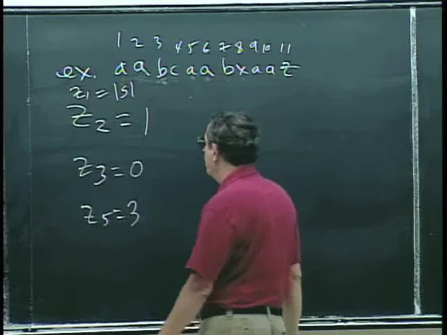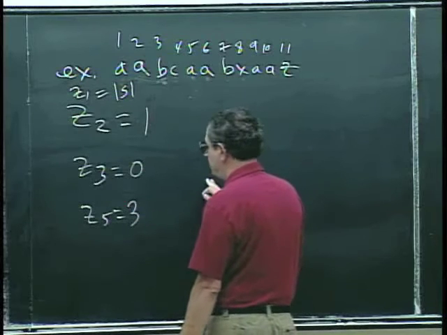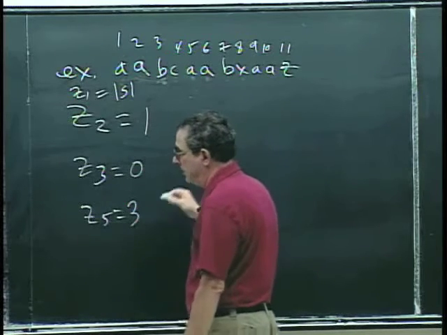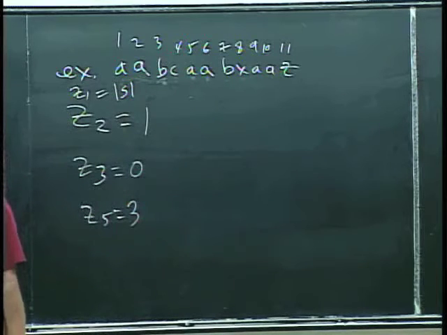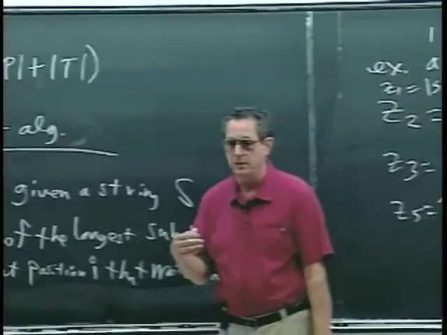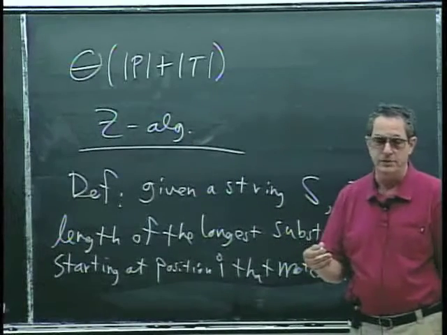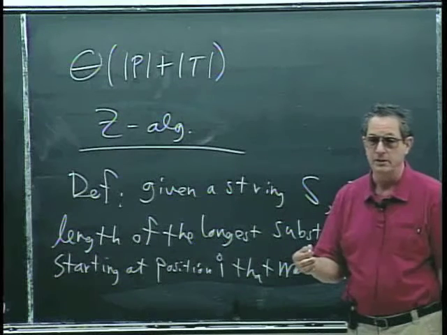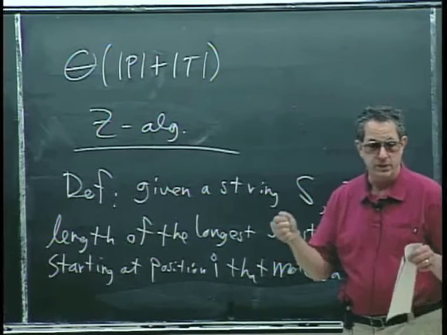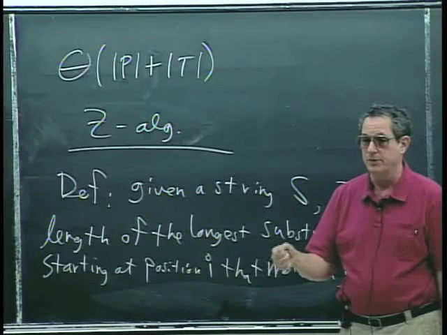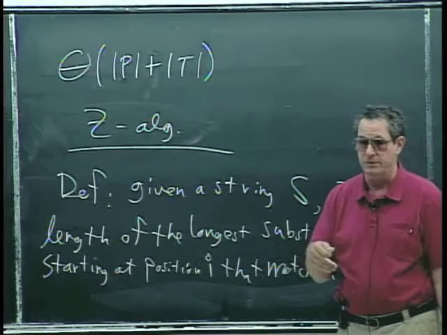Now let's try to relate this. Ultimately, I'm going to show you an algorithm for computing the z-value for every position. And that algorithm is going to run in time proportional to the length of the string S. So it's going to be linear time. In linear time in the length of S, we're going to be able to produce the z-values for every position.